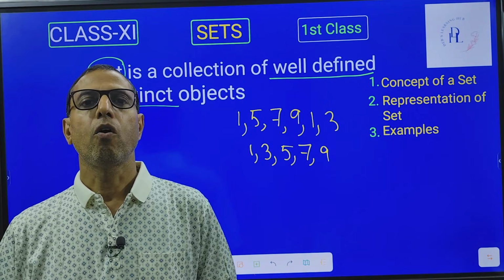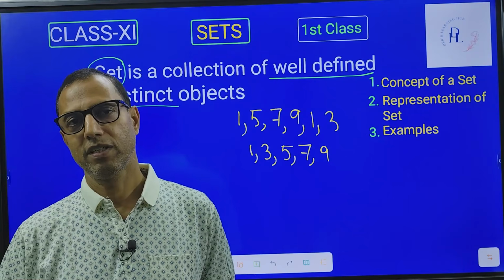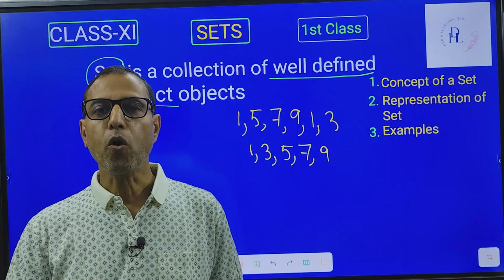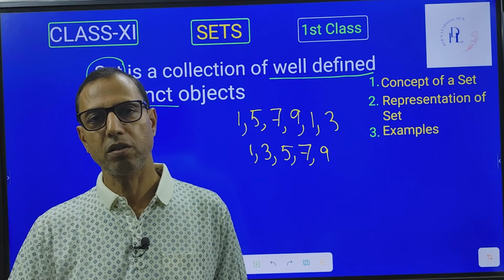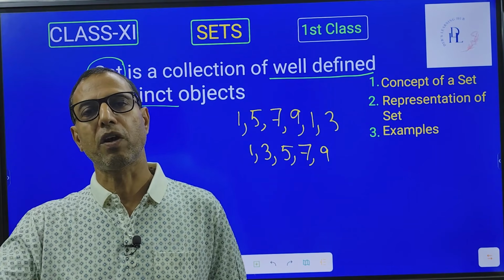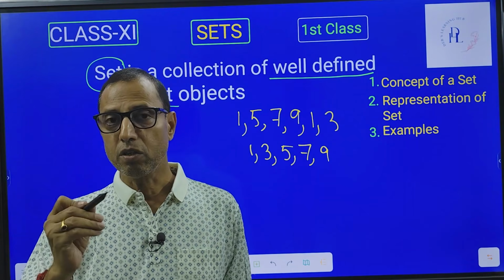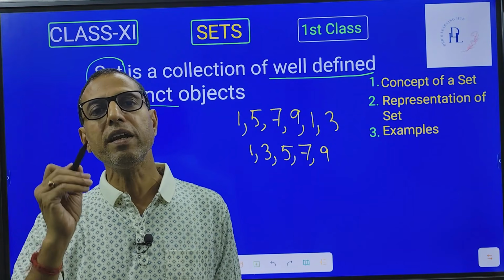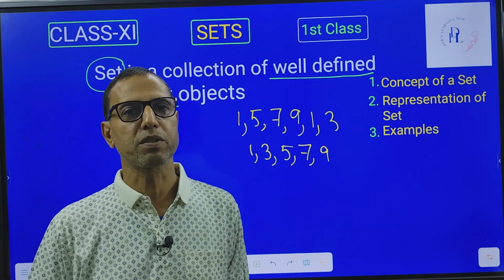If I say all even natural numbers less than 10, it's very well defined. Natural numbers start from 1: 1, 2, 3, 4, 5, 6, 7, 8, 9, 10, and it continues like this. Now the question is, express all even natural numbers less than 10 in the form of a set.